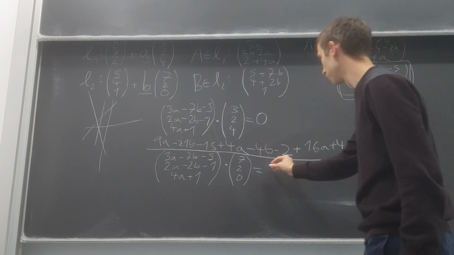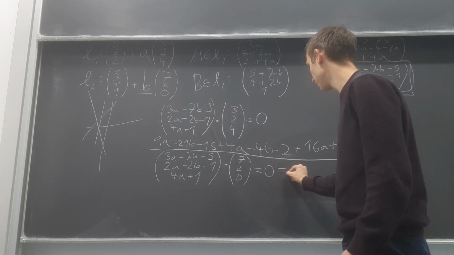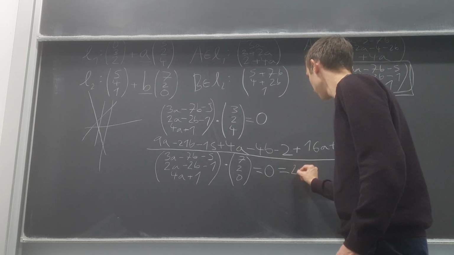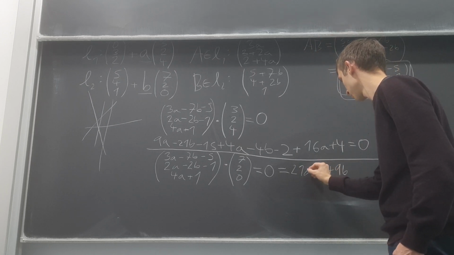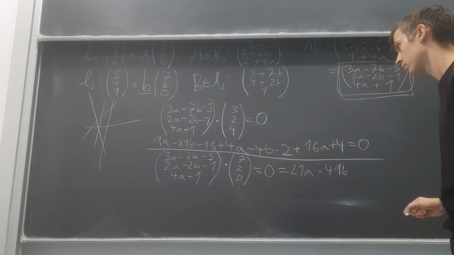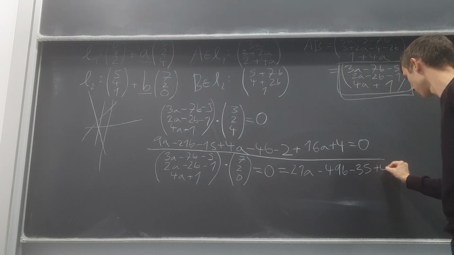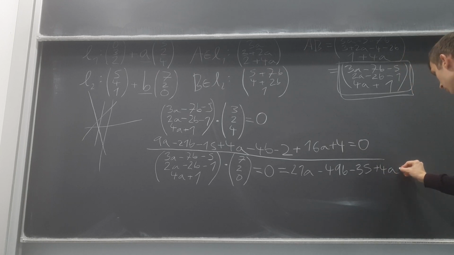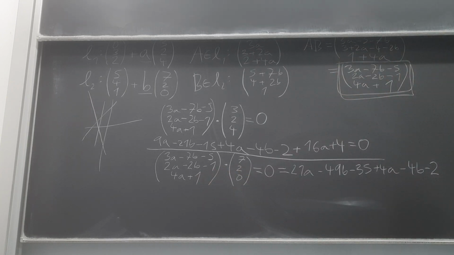So that has to equal 0, and then this is 0, so this doesn't even have any effect.